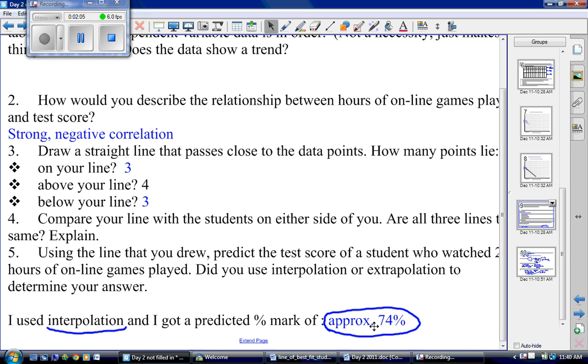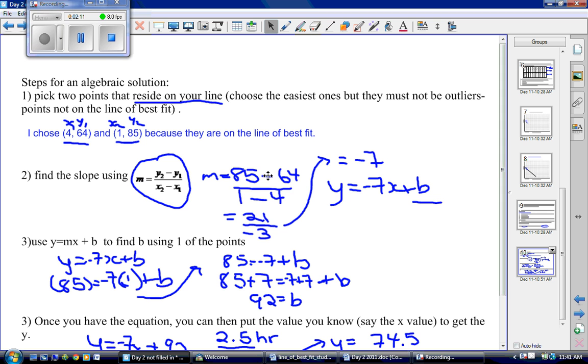Okay, so of course you can check this, and you can do this with algebra, and that's what we're going on to next. This is not on your note sheet. So you'll see I need to pick 2 points that reside on the line. Don't pick the ones that are outliers, the ones that are not on the line. So I picked (4, 64) and (1, 85), which are on the line.